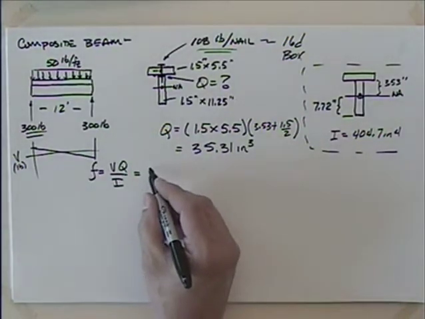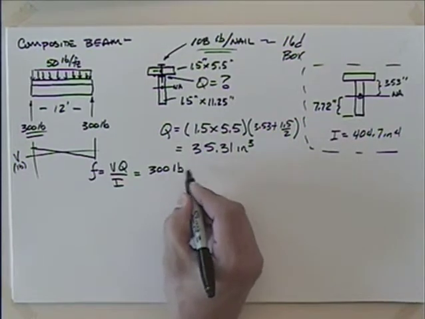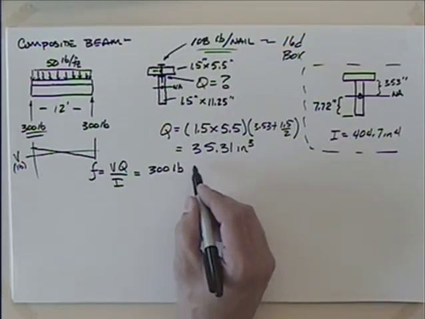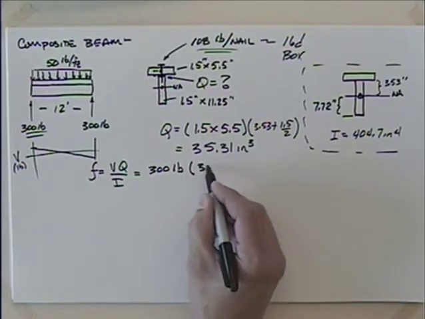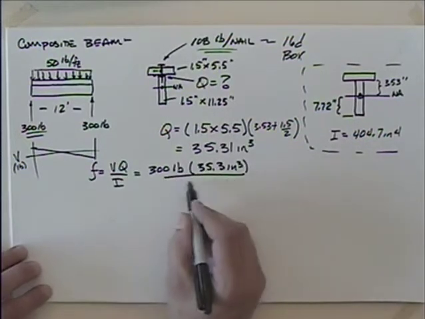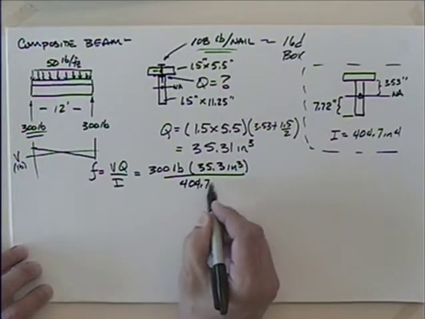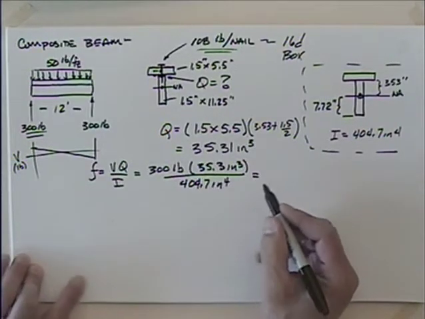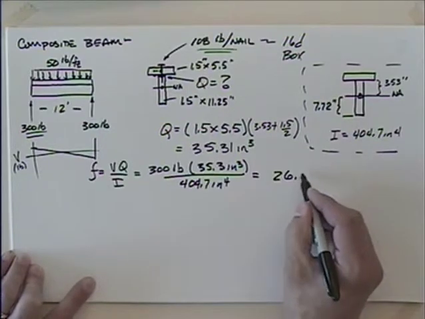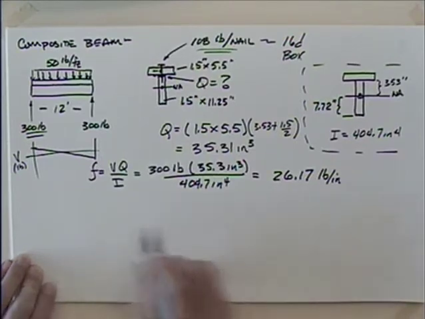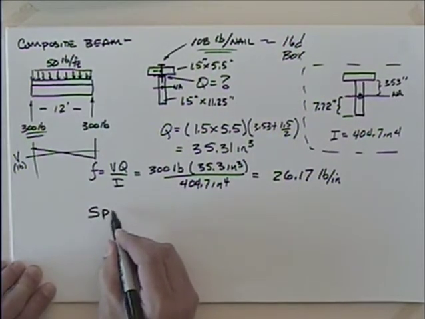So we've got then 300 pounds times Q, which is 35.3 inches cubed, divided by I, which is 404.7 inches to the fourth. So when you run through this, you get 26.17 pounds per inch.